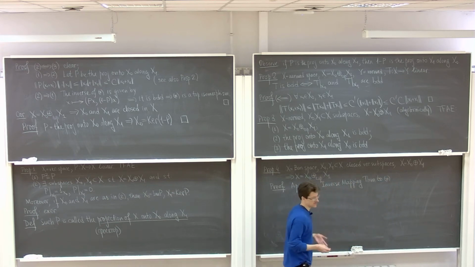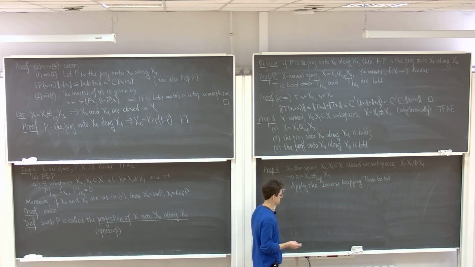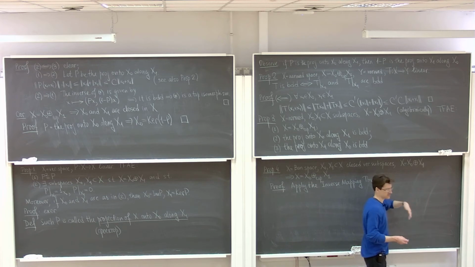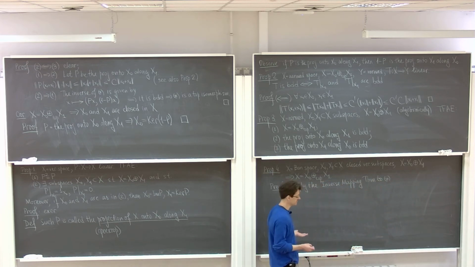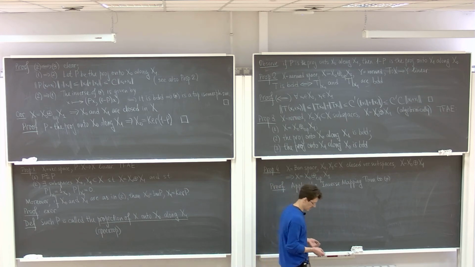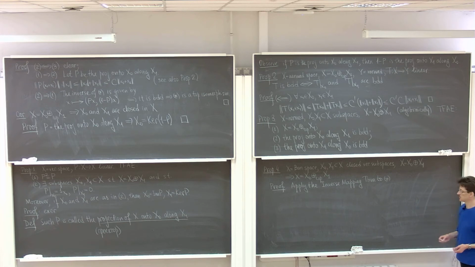So let's recall that star takes the L1 direct sum of x0 and x1 to X. So since X is the algebraic direct sum, this map is bijective. It is obviously bounded, and by the inverse mapping theorem, a bounded bijective operator between Banach spaces is a topological isomorphism.